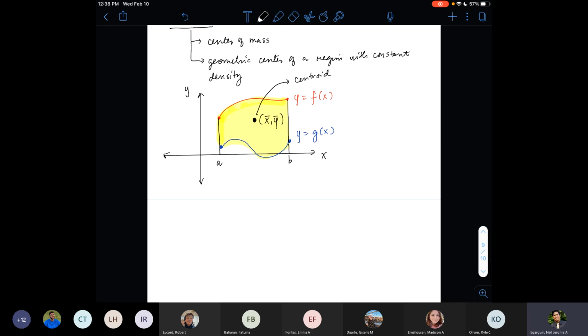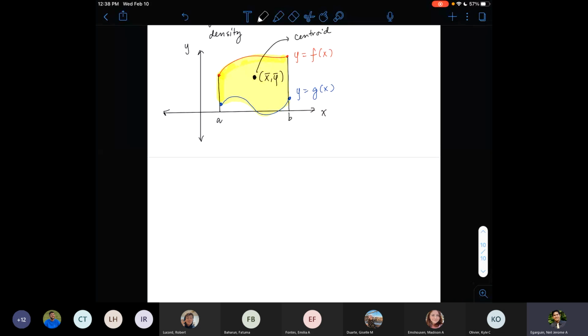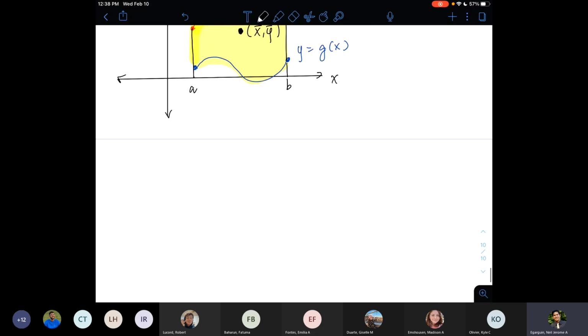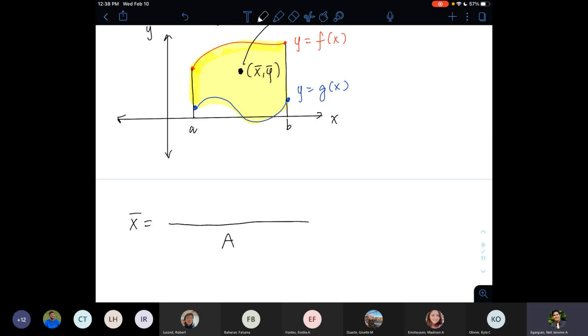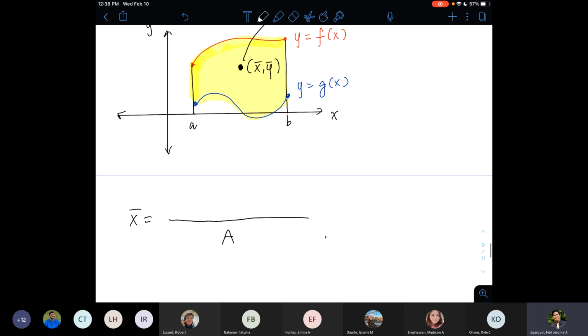So, you take the average. For the x component of the centroid, you want to take the average all over the area, so you expect to divide something by the area. And then what do you want to take the average of? Remember, in averaging, you take the sum divided by the total number of cases. Now, the total number of cases here in the continuous case would be the area.